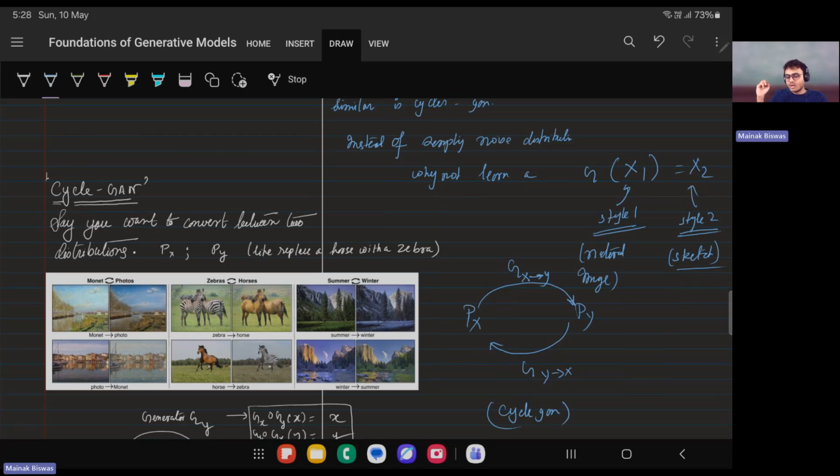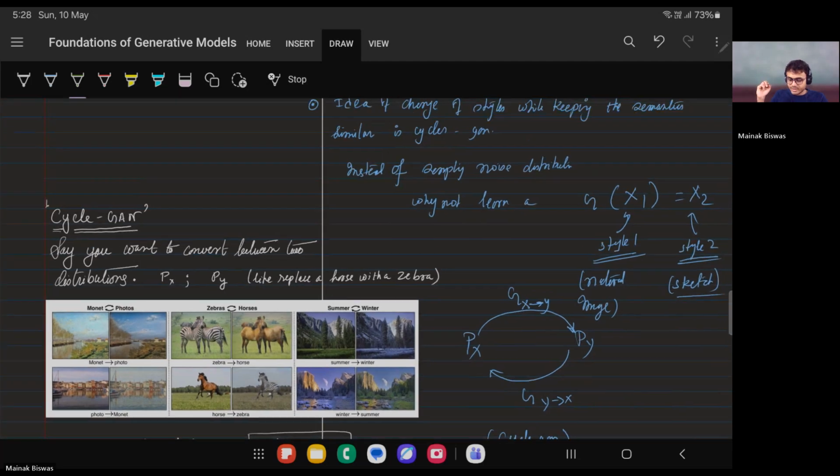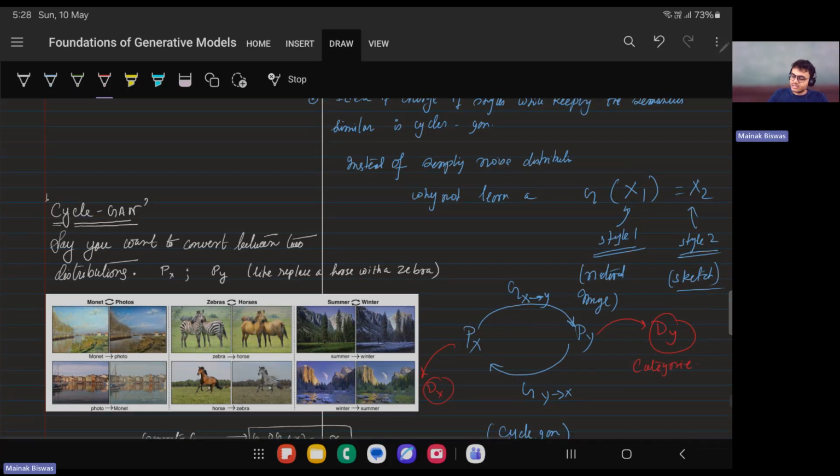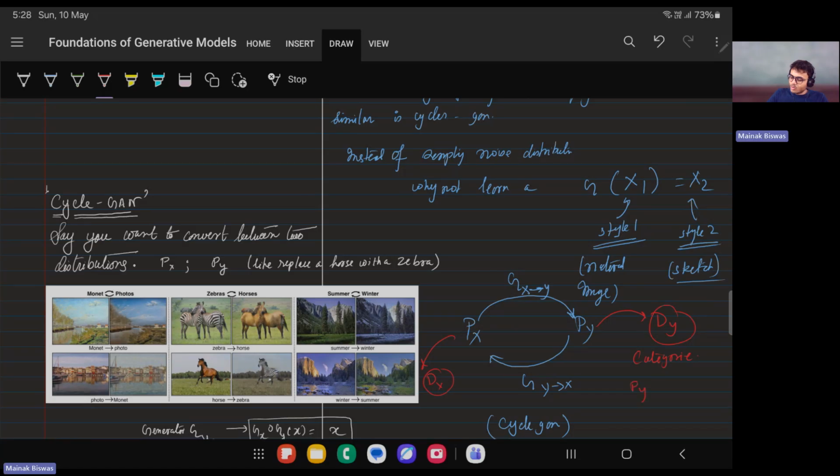So there will also be a discriminator, say a discriminator dy and a discriminator dx, which predict or categorize Py and G of X to Y Px.